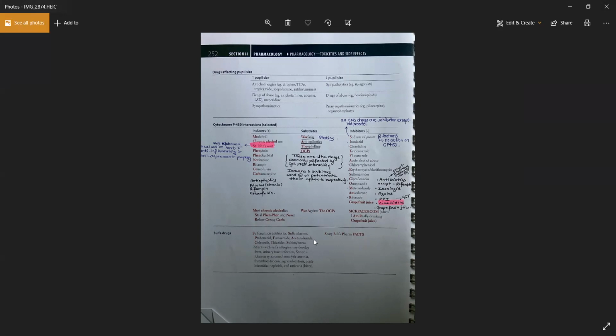So we have finished the pharmacology completely, the general pharmacology part and the autonomic drugs. Any doubts so far? Please ask. Amantadine is for both flu and Parkinson's disease, right? Yes, exactly.